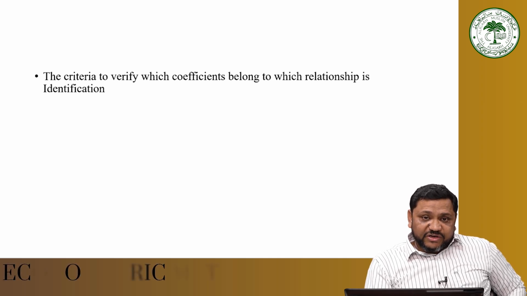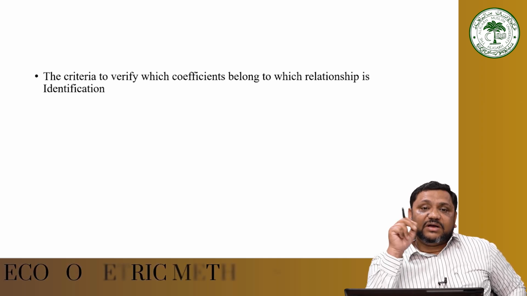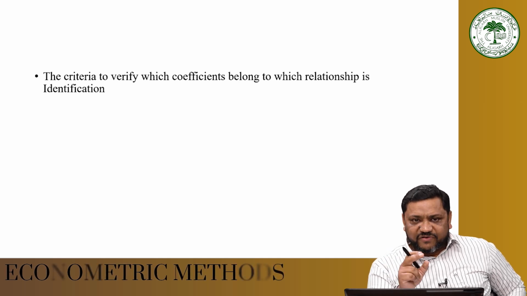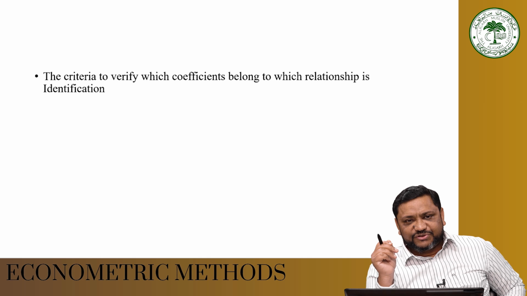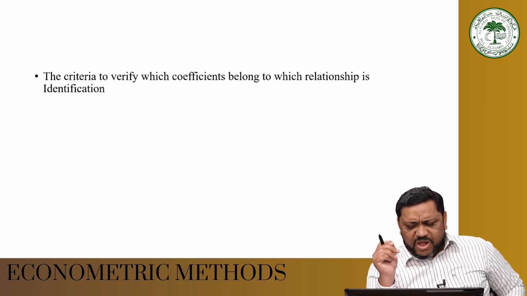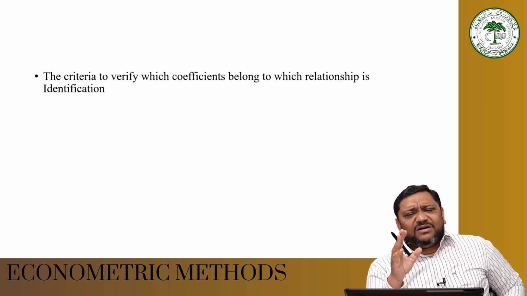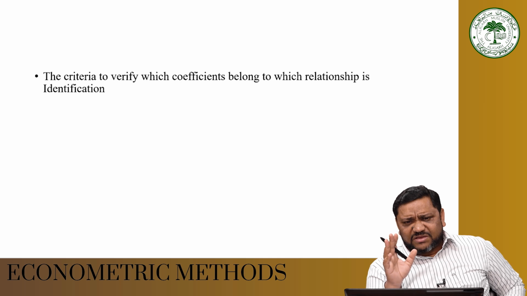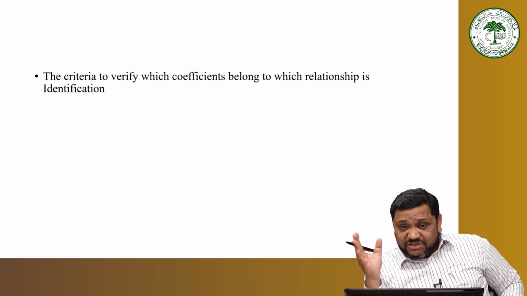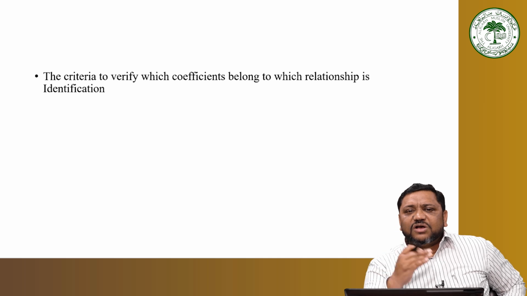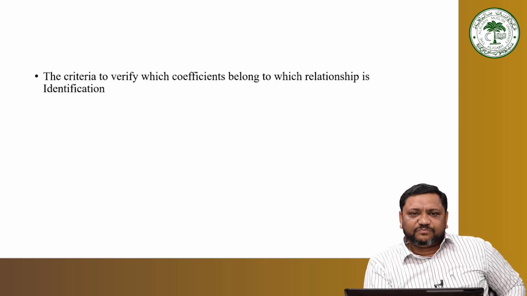So, identification is the criterion to verify which coefficient belongs to which relationship. Demand and supply are determined by many factors other than price. Changes in these factors could cause a shift in the curve.